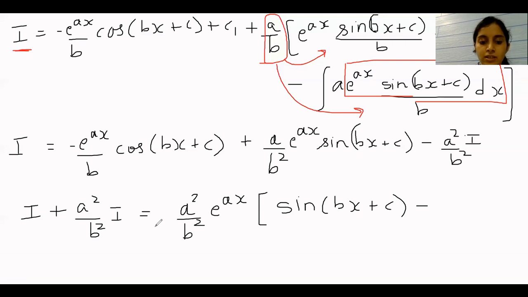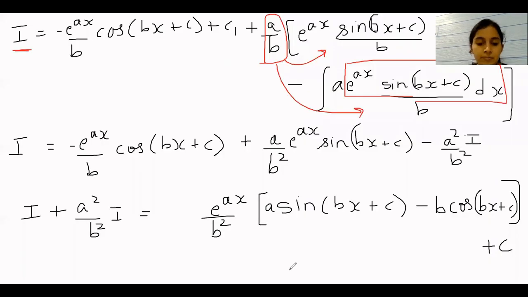if we take a square upon b square common, then what do we get? I have taken e raised to ax upon b square common.